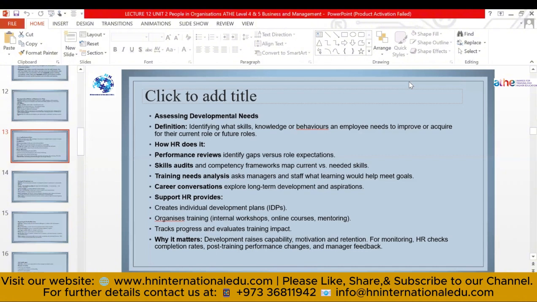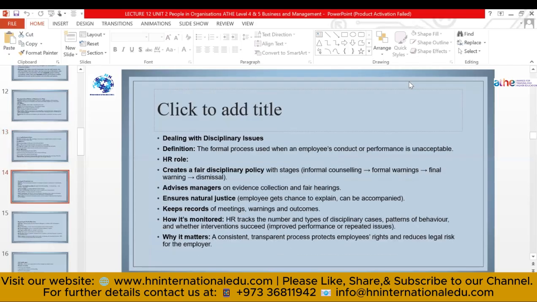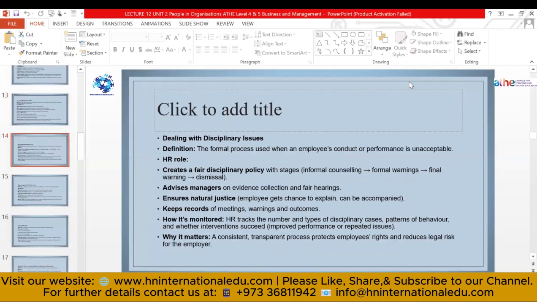And manager feedback. Once the training has been delivered, what do you feel as a manager, will this training which we have given to the employee be a good thing for him or her or not? Always give that feedback to our seniors.